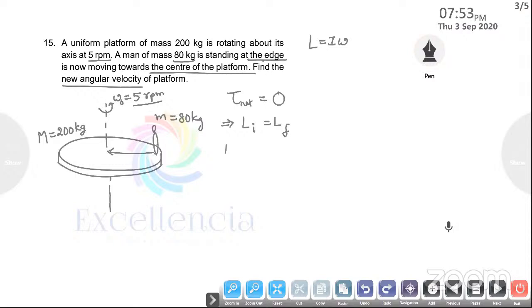Therefore, initial angular momentum of the platform plus initial angular momentum of the man is equal to final angular momentum of the platform plus final angular momentum of the man.